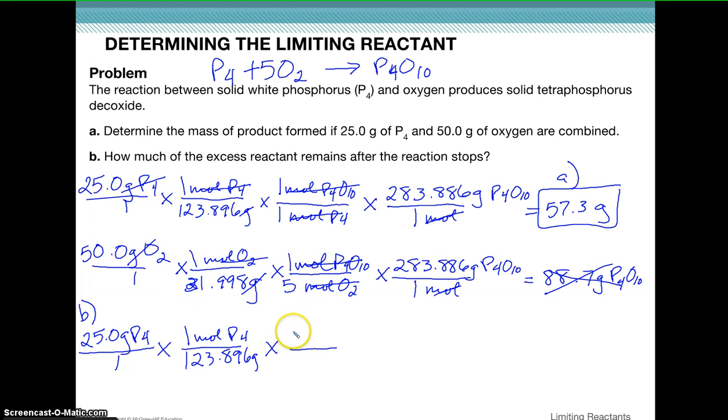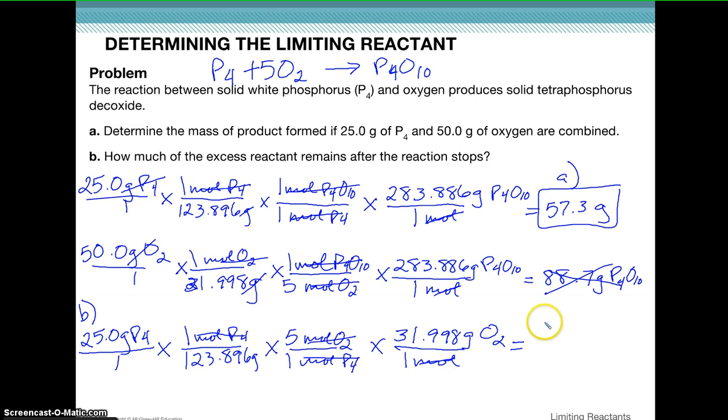So we want our moles of oxygen from our balanced equation. So the moles of phosphorus cancel. Then we want the molar mass of oxygen. Moles cancel. So this tells us that we would use 32.3 grams of oxygen.